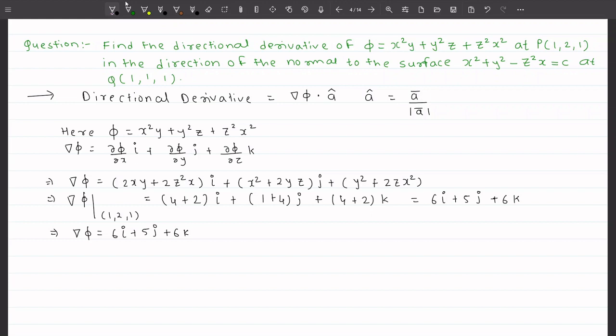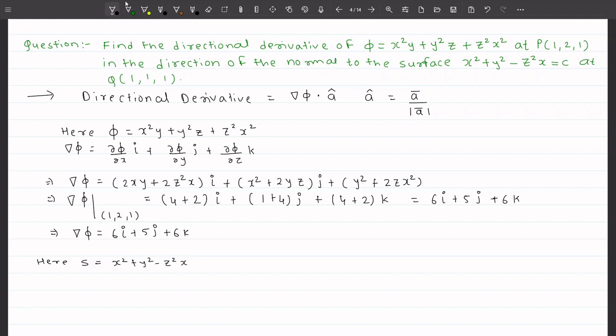Now we need to calculate the direction. But first of all, what is the direction given here? It is normal to the surface x² + y² − z²x = c. So first of all, S is here. S is x² + y² − z²x.